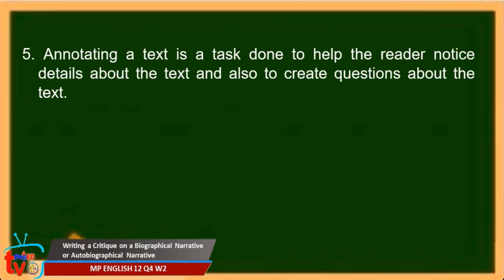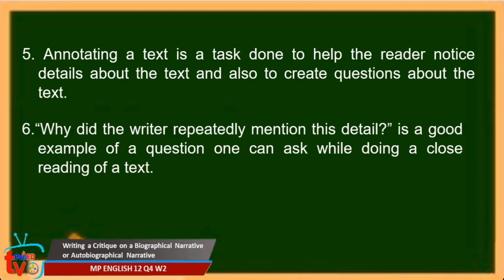Number 5. Annotating a text is a task done to help the reader notice details about the text and also to create questions about the text. True or false? Number 6.